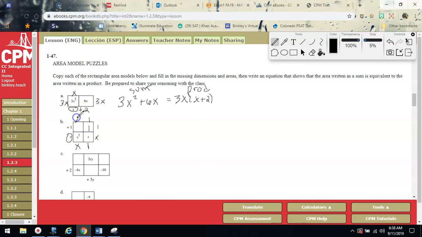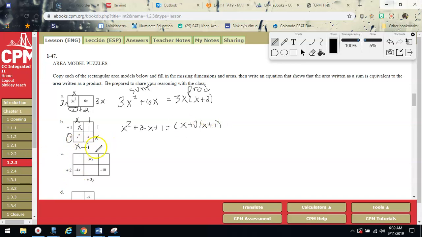And if this is x, and x times 1 is just x. So now the inside is we have 1x squared, we have 2 x's, and then we have 1, is equal to, and the sides, x plus 1, both sides are x plus 1.